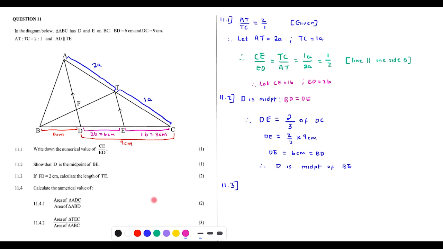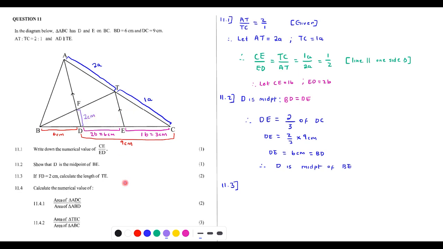Now the question says if FD is 2 centimeters, calculate the length of TE. So here we are told that FD is 2 centimeters. They're saying let's find TE.